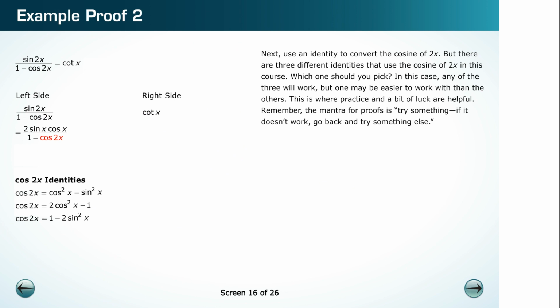In this case, any of the 3 will work, but one may be easier to work with than the others. This is where practice and a bit of luck are helpful. Remember, the mantra for proofs is try something. If it doesn't work, go back and try something else.